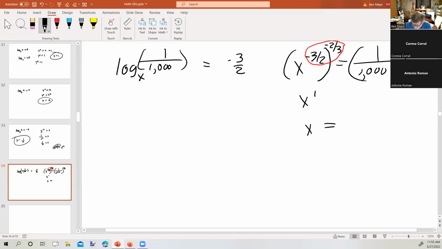So now I have to deal with the right side. 1 over 1,000 to the -2/3 power would be 1,000 over 1 to the +2/3 power, which would just be 1,000 to the 2/3 power. Okay.